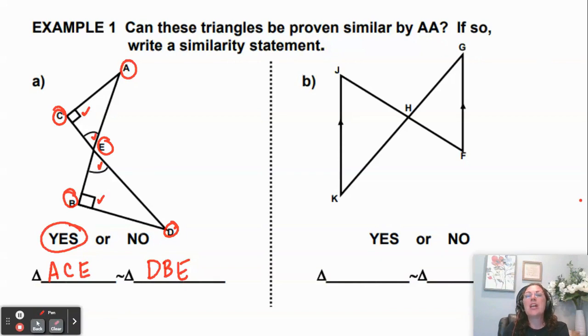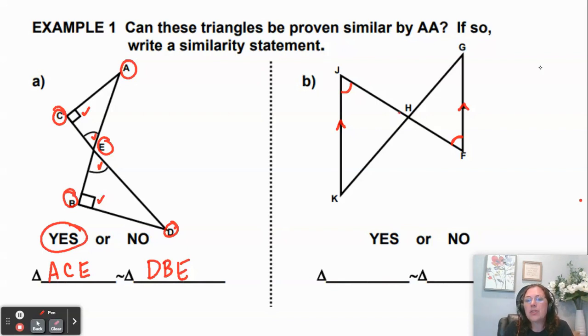Okay. Now, if we look at B, you see these arrows here. They represent parallel lines. And last week, in one of my previous lectures, we talked about parallel lines cut by a transversal. And so I know that this angle is congruent or equal to this angle because of those parallel lines cut by a transversal.